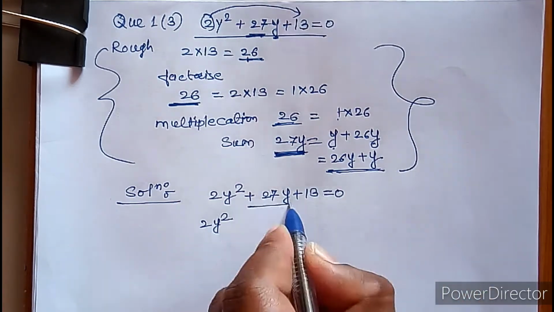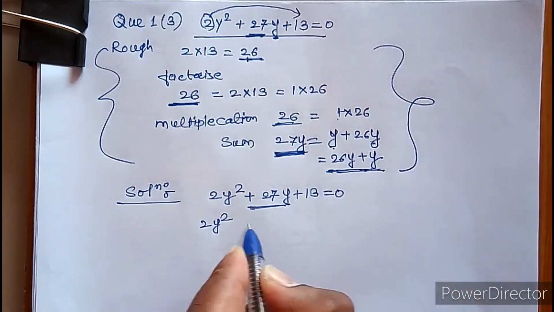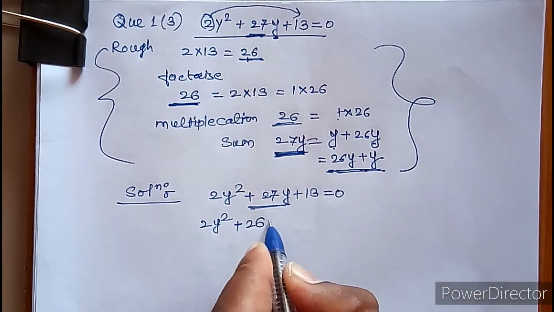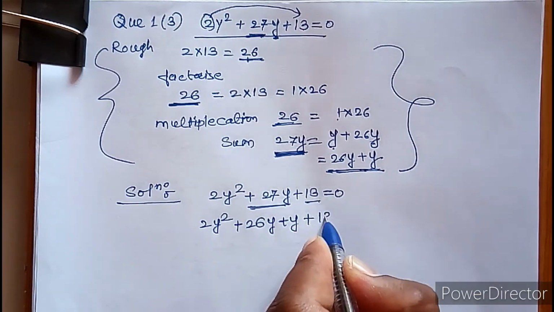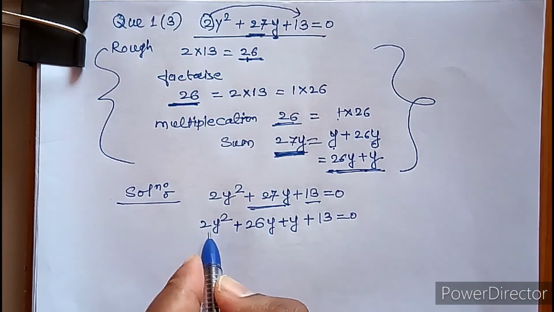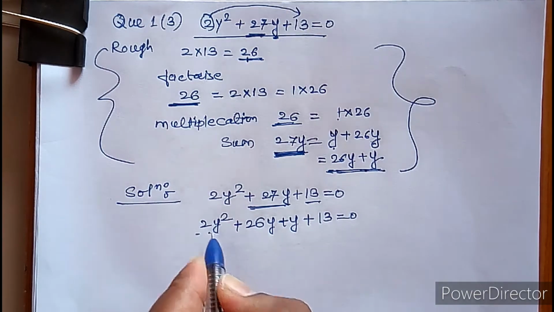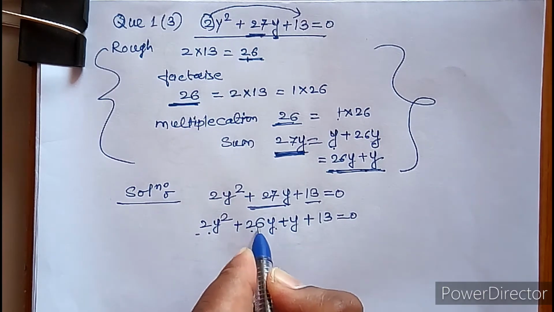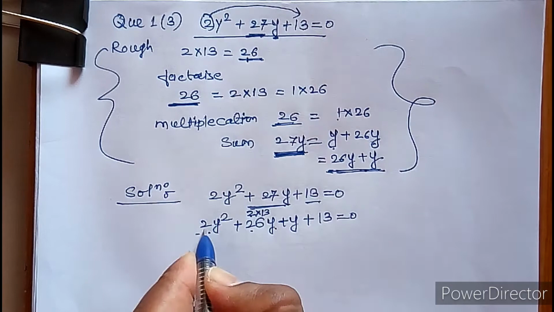Instead of 27y we can write 26y plus y, that is 2y square plus 26y plus y plus this 13 as it is equals 0. Now 2y is common between this 2y square and 26y. The factors of 26 are 2 into 13, so 2 and y are common, 2y is common.